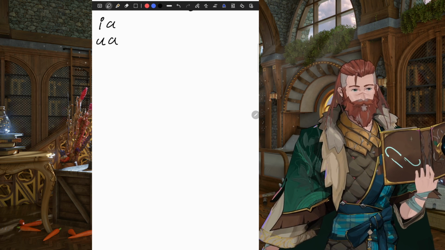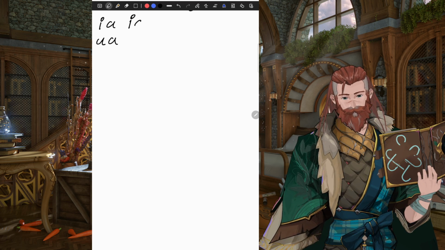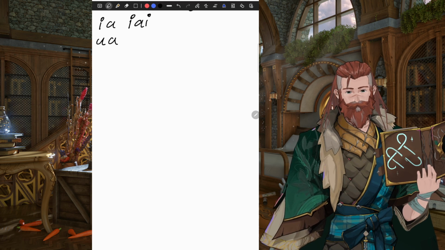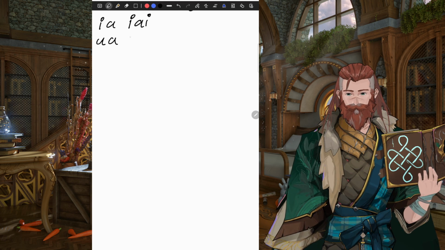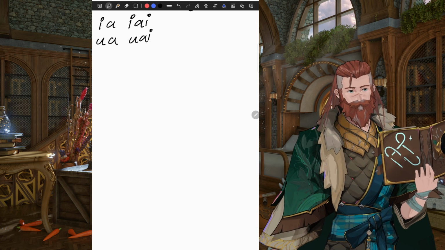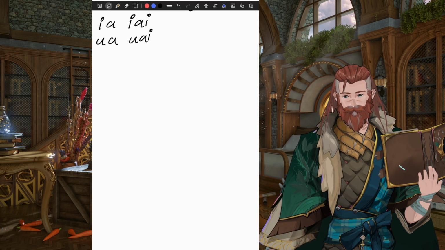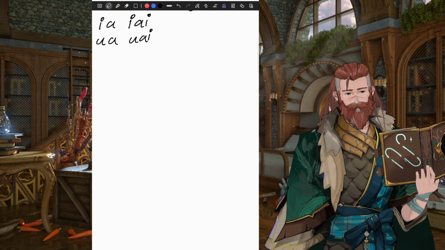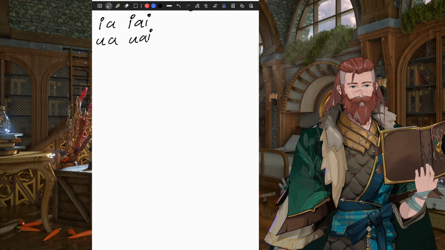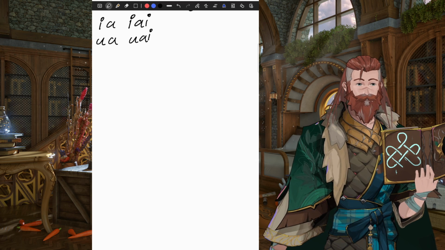But there are three-letter versions of these diphthongs. For Ia, IAI, and for Ua, UAI. Now there are several other diphthongs for ow and I that are much longer.